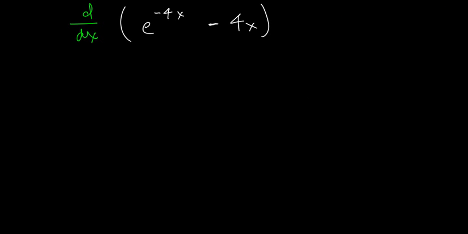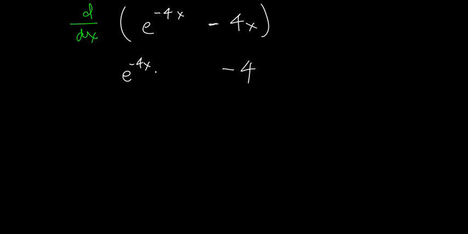And last one, let's take the derivative of e to the negative 4x minus 4x. So I doubt you're going to get tripped up by this one by now. Obviously the function on the right side is super easy. The derivative of that is just minus 4. And the derivative of the function on the left, e to the minus 4x, is going to be itself.